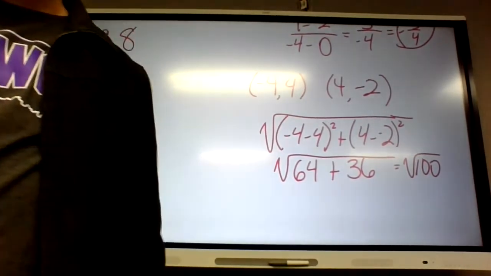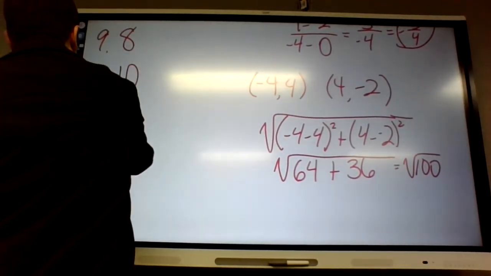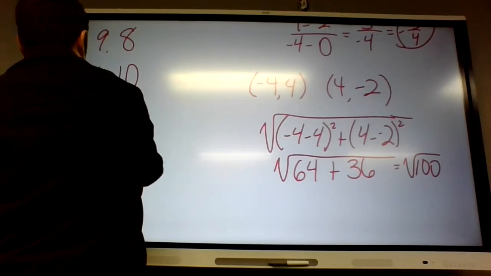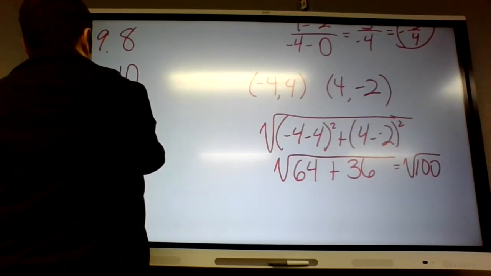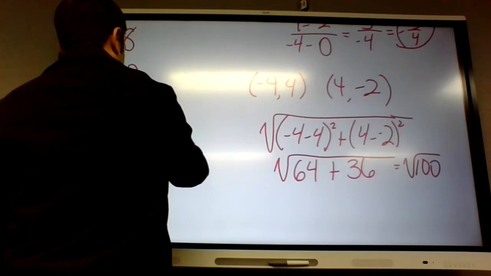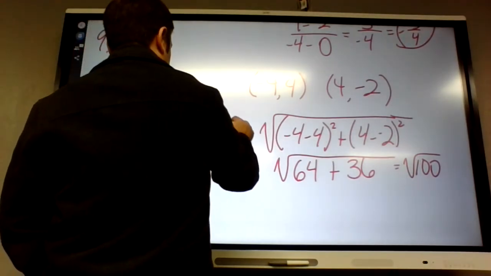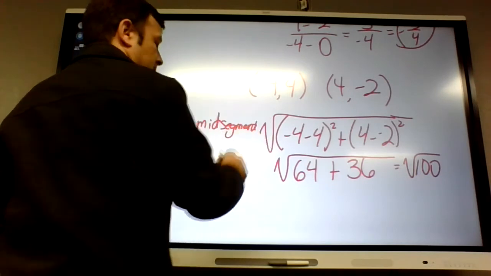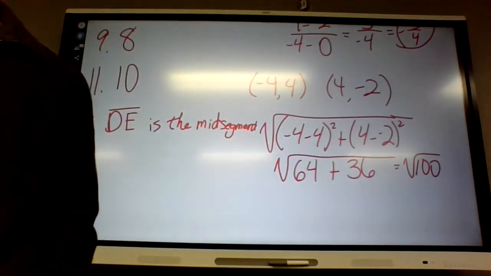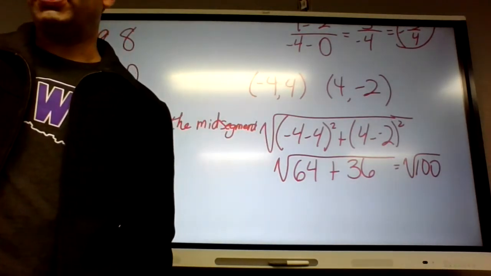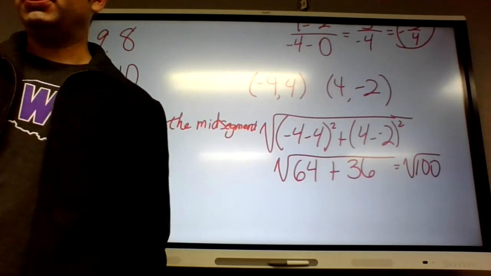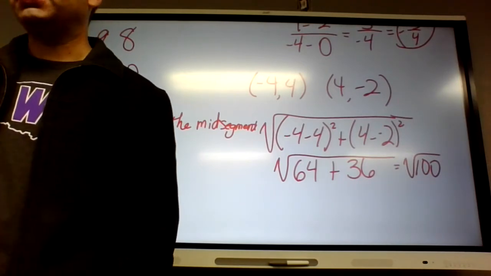Okay, it says explain your reasoning. How do we know that DE is the mid segment? We have eyes. If you look at it, point A is at negative 4, point E is at 0, point C is at 4.